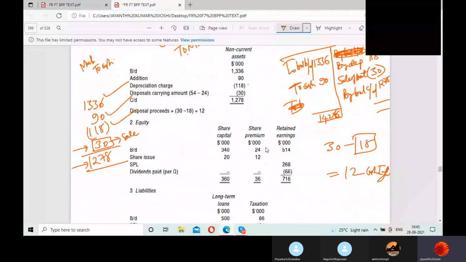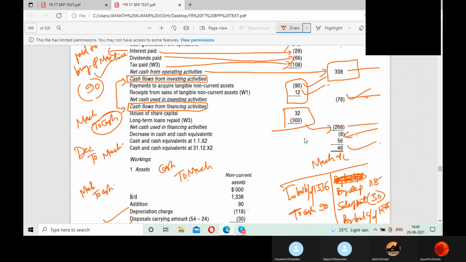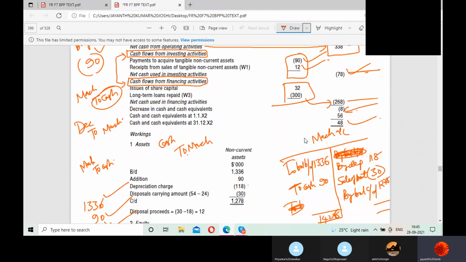So I hope all of you understood this question very properly. So that dividend payment and all we have already adjusted. Now that's gone. So if you are finished, I'll give you one more question to solve. What say?